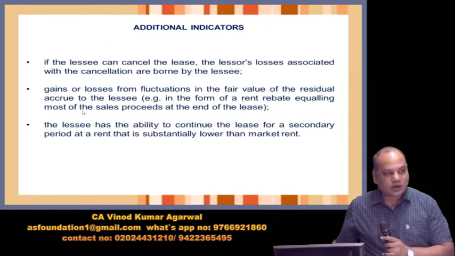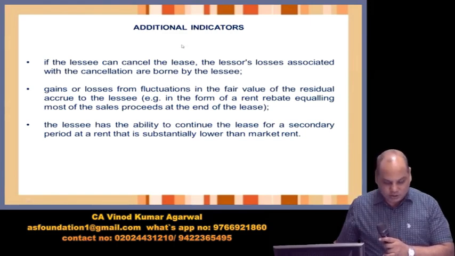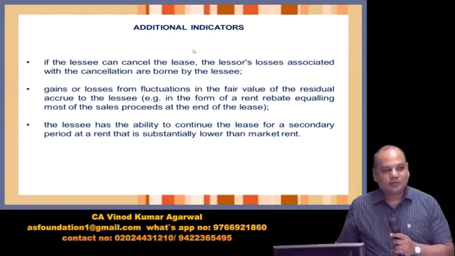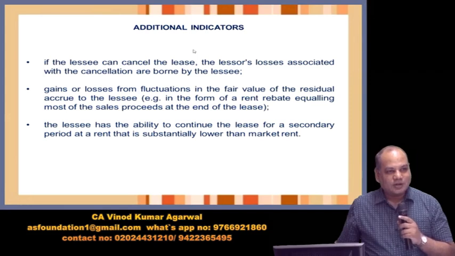And what are the additional indicators? I have written them separately as additional indicators, the next 3 points you will see, because these are not conclusive evidence, but they are hinting that it is or it may be a finance lease. So these are strong indicators, but not conclusive evidence.